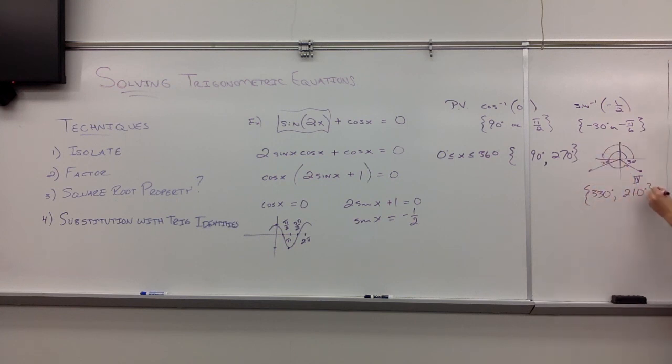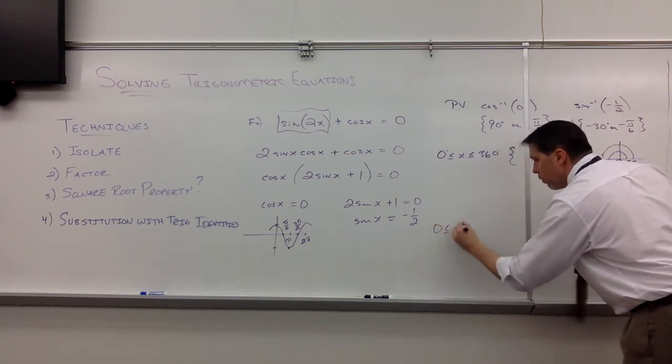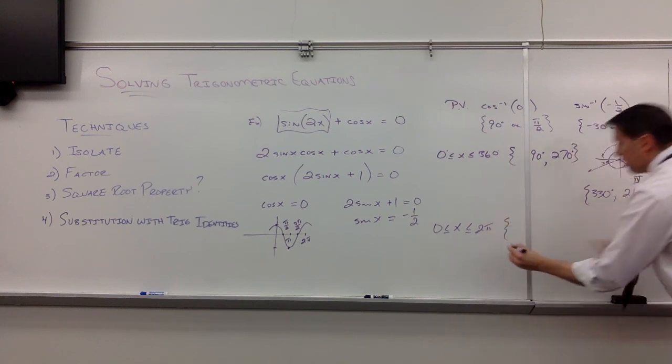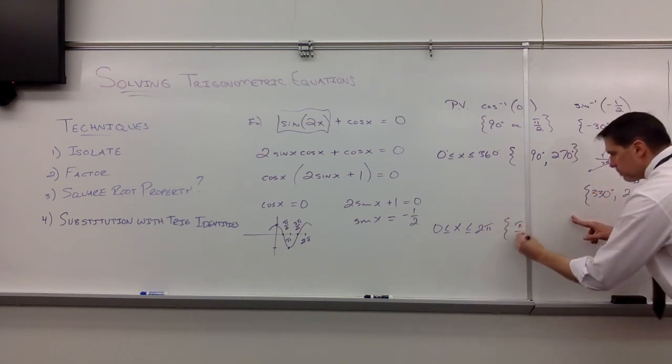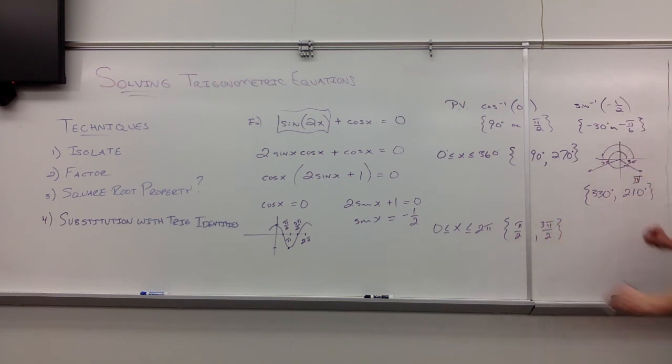And the rest is fairly easy. Just convert those to radians if they ask you for radians. So radians, what are we looking at? Looking at pi halves. We're looking at 3 pi halves. 330 would be 11 pi 6. 210 is 7 pi 6. And those should be your solutions.